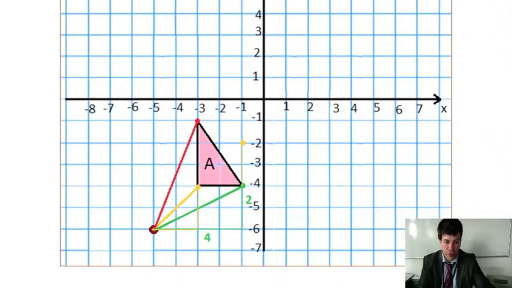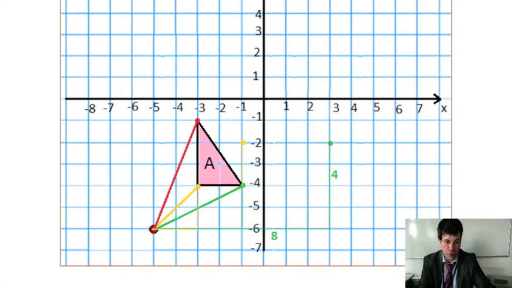Looking at the green vertex, we move 4 along, 2 up from the centre of enlargement. Scale factor 2 means that we should be moving 4 times 2 equals 8 along and 2 times 2, which equals 4 up. The green vertex of the image is there.